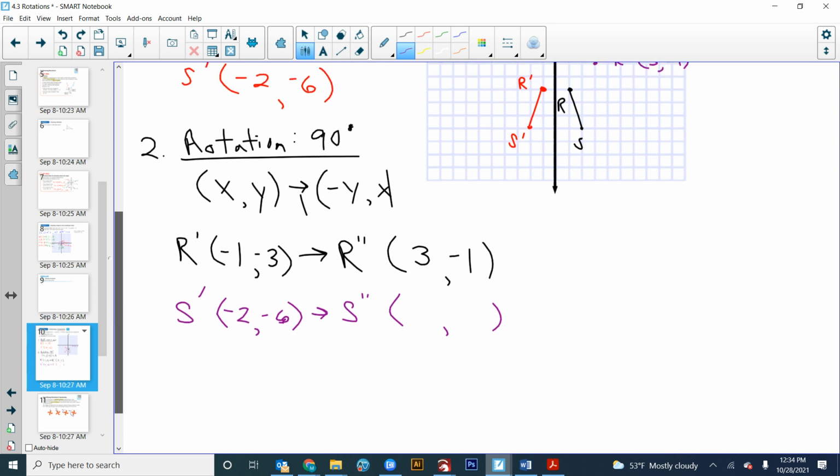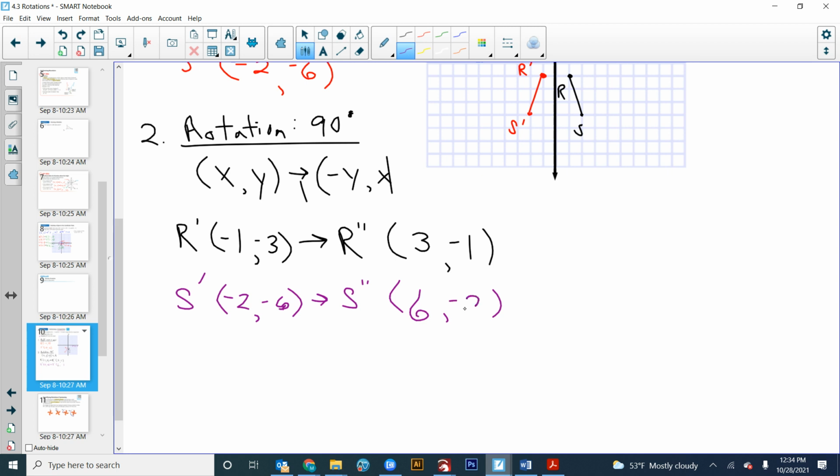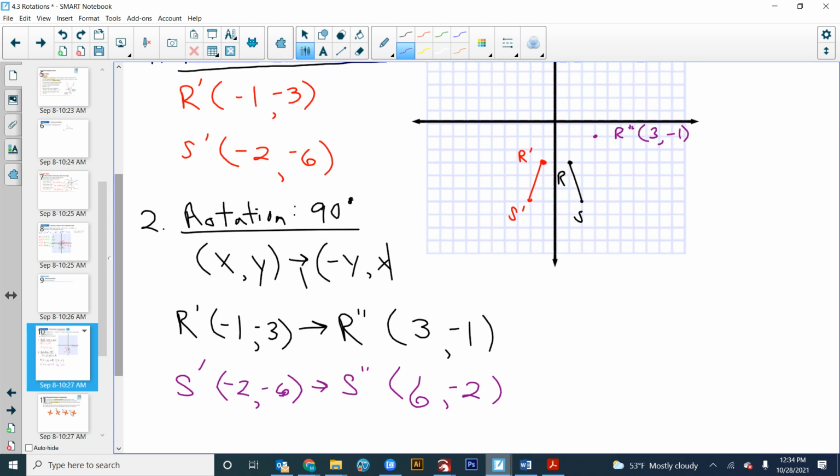Yeah, 6, -2. Good. 1, 2, 3, 4, 5, 6, -1, 2. S double prime is 6, -2. And again, if you want to give it the eyeball test, this is the origin right here.